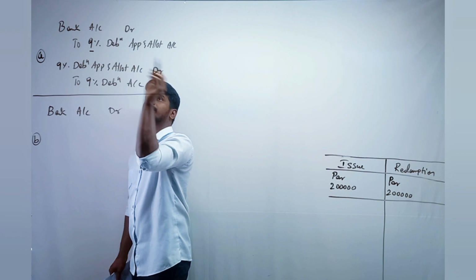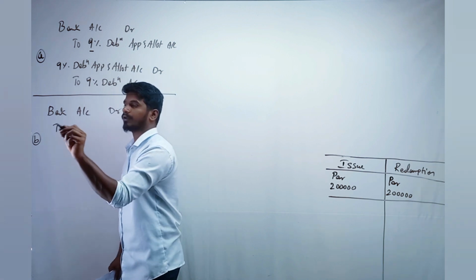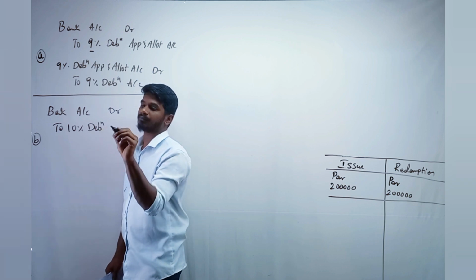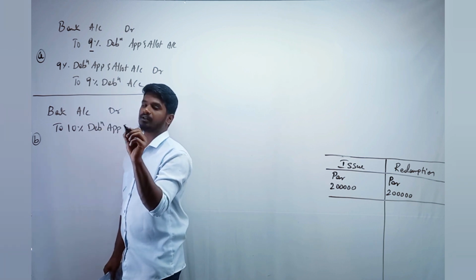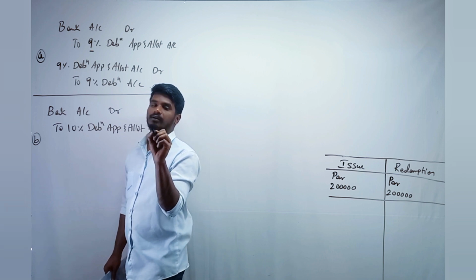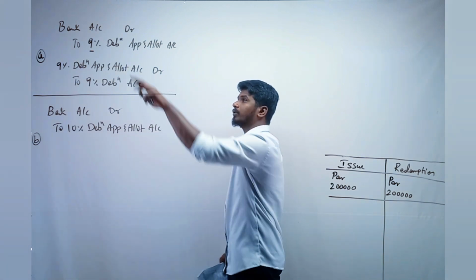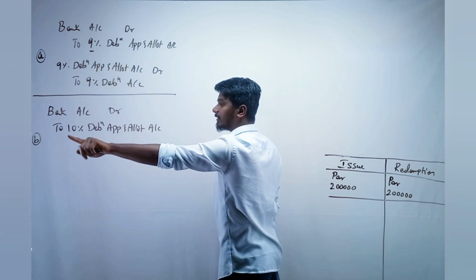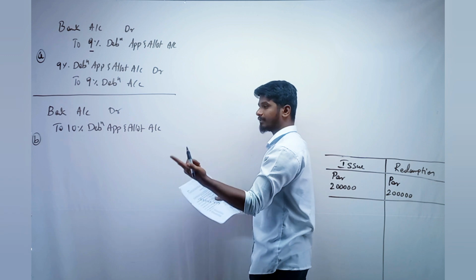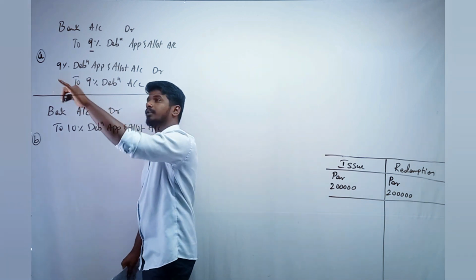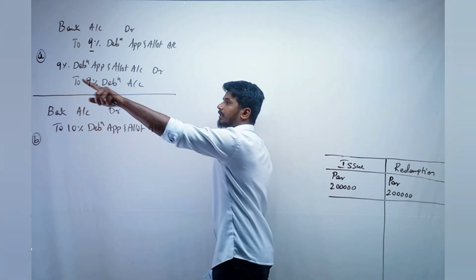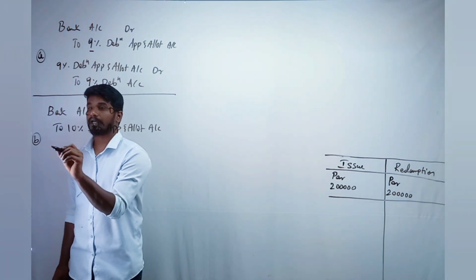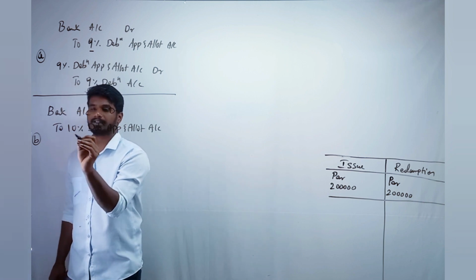To 10% debenture application and allotment account, right? Copy paste, just change the percentage. Here it is 9%, here the question specifies 10% debenture, correct? Next, this also copy paste, but with a little gap, now write 9%, or it is 10%, right?